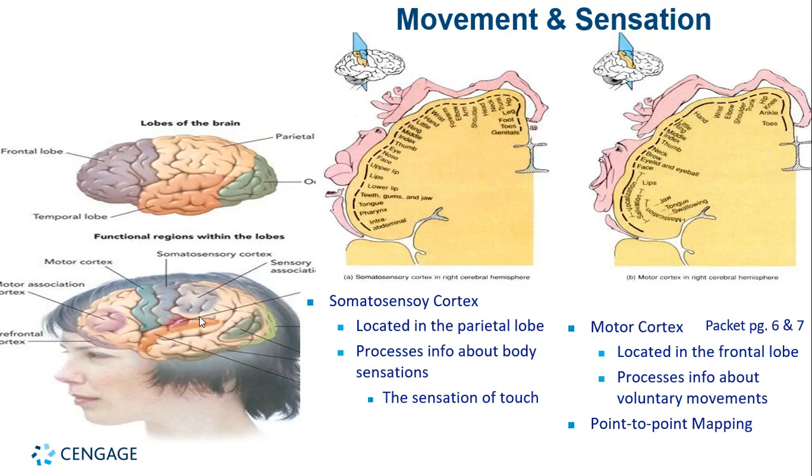And another important aspect of your motor cortex and somatosensory cortex is that they both have what we call point-to-point mapping. That is, the part of your brain that moves your pinky is the same part of my brain that moves my pinky, right? Your brain essentially moves your body in the exact same way that my brain moves my body.